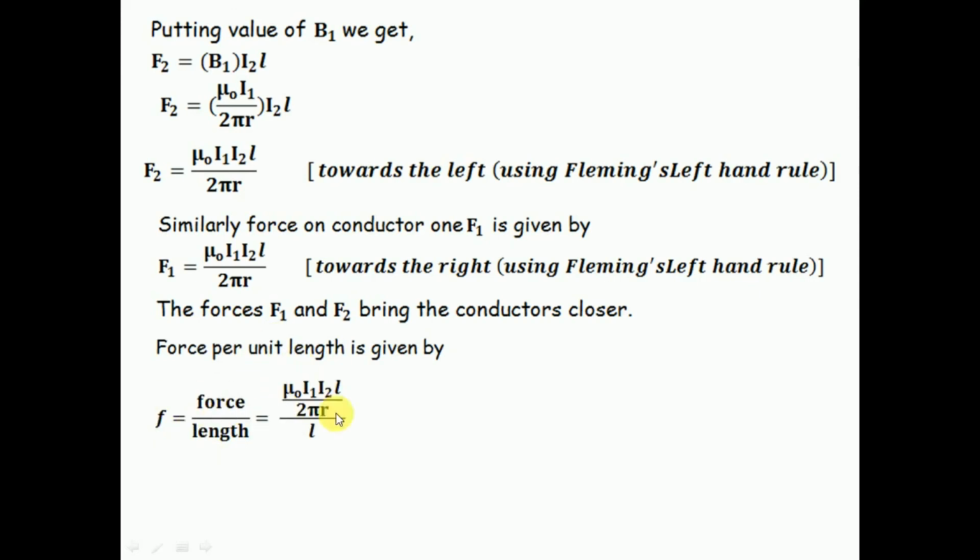Because F1 and F2 are equal, I can take either value, divided by L. So I can cancel L and L, and I write f is equal to mu naught I1 I2 by 2 pi r. So this is the expression of force per unit length between two conductors, and the nature of the force depends on the direction of the current. If the currents are in the same direction, they attract each other. If the directions of current are opposite, they repel each other.